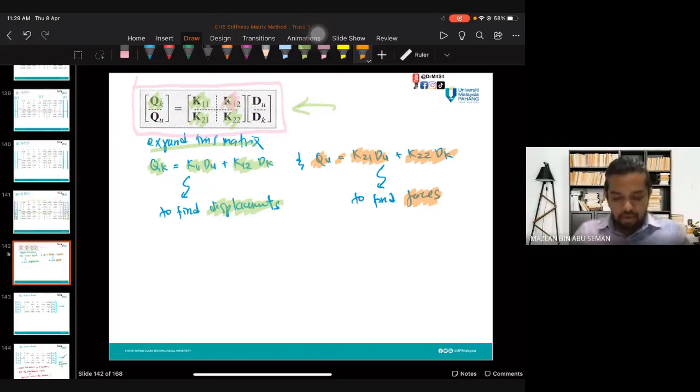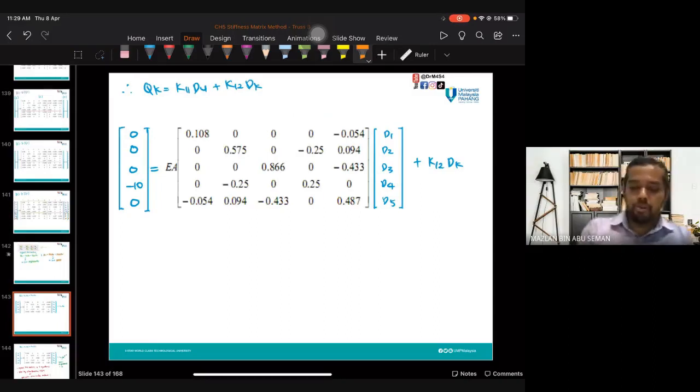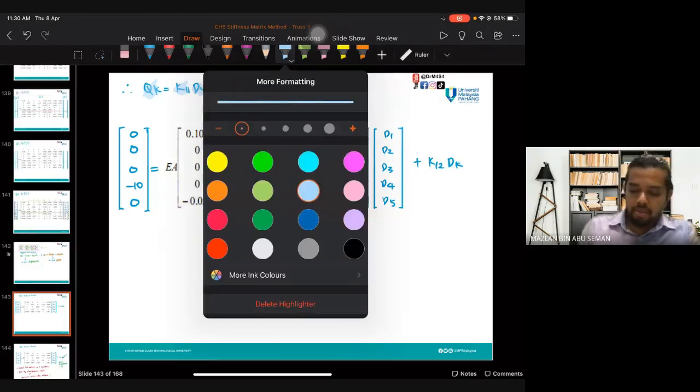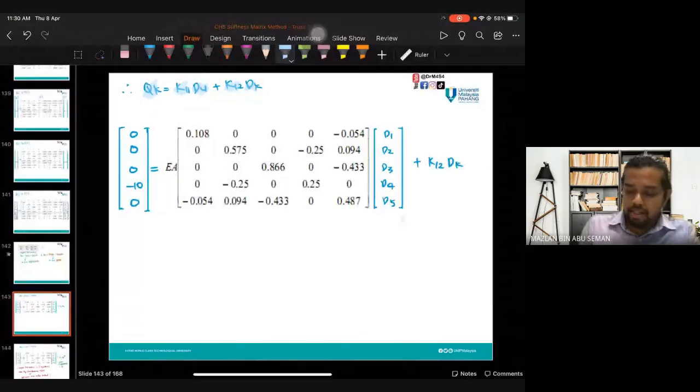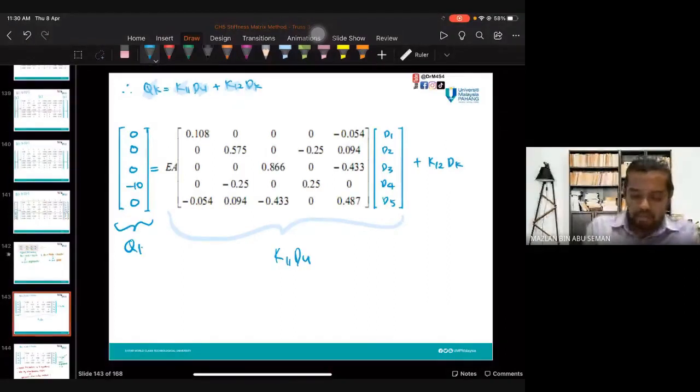Now we have to expand the matrix for QK. You draw back what is QK, what is K11, what is DU, and what is plus K12 dk. Here is K11 du, and this one is QK, and so on.